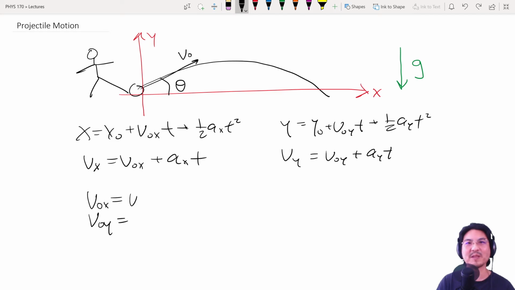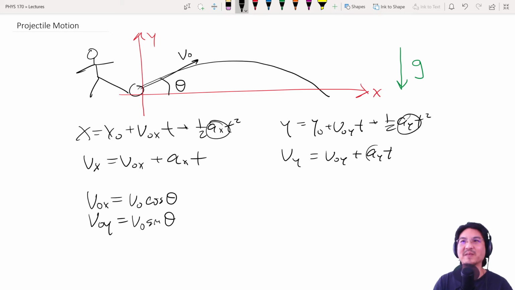So positive and adjacent means cosine. Okay, what about the y component? Y is here, so the y component is opposite the angle. So opposite means sine.